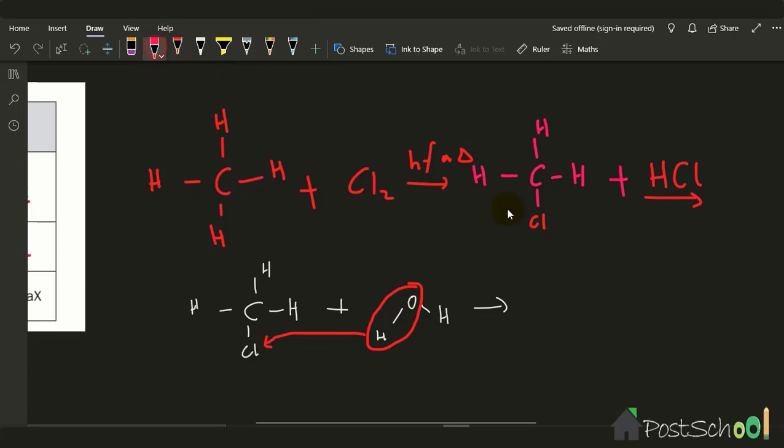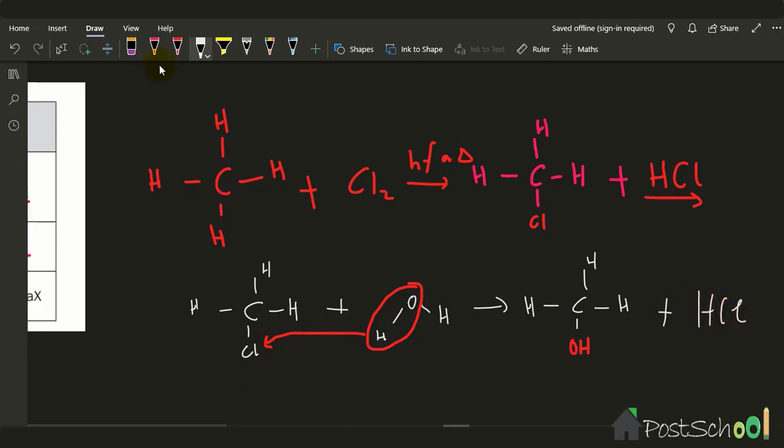So let us do a substitution ke lapha. Okay, C nakho ke ngifake la OH. This is now an alcohol plus, since ke phela futhi uH usesele yedwa usezobonda naloya C, sekusala uHCl with the compound lesekugcineni.